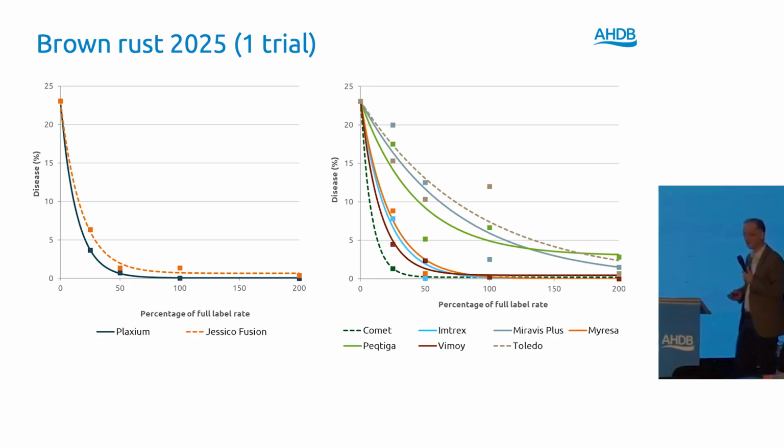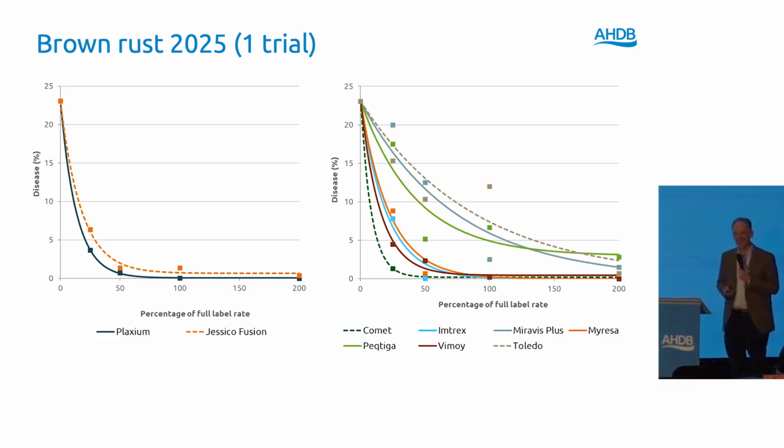And I did look back, actually, to where we tested it in 2005 and 2006, and we had it in there versus Comet and Amistar. And it looked almost identical to Amistar and just a shade behind Comet. I think if you were to superimpose that graph onto this, I would have expected Folicure to be tight in there with Myrisa, Imtrex, and Vimoy.